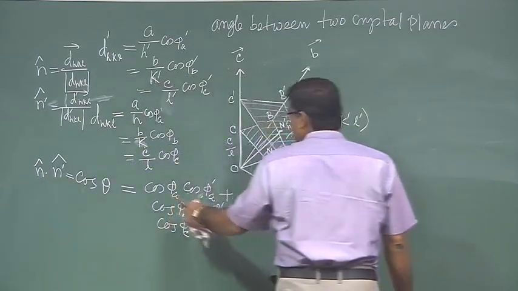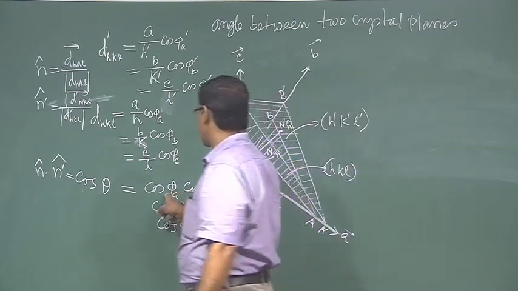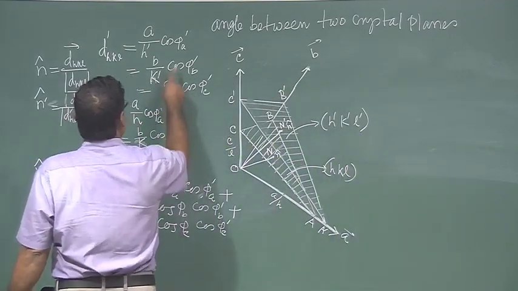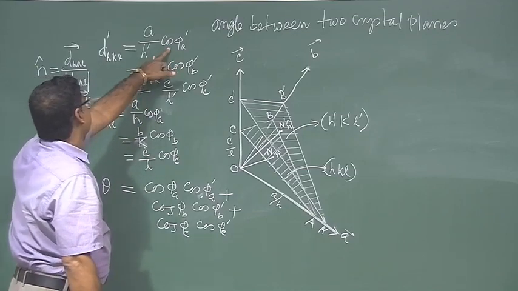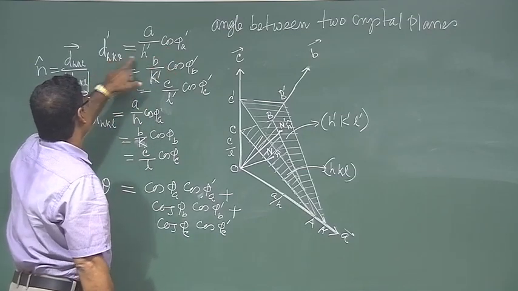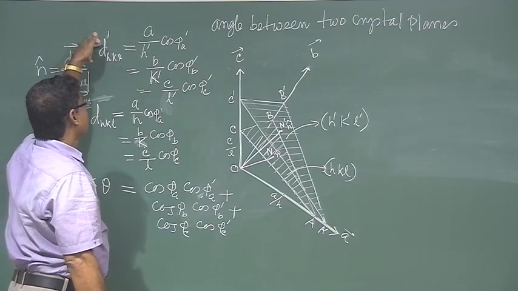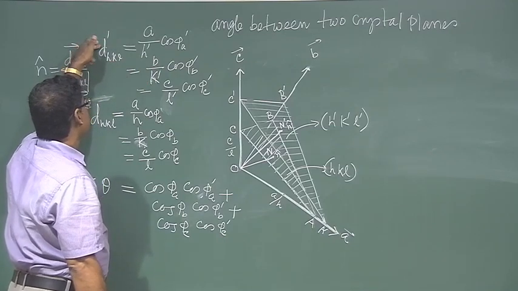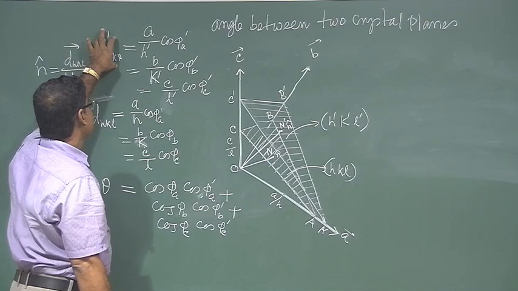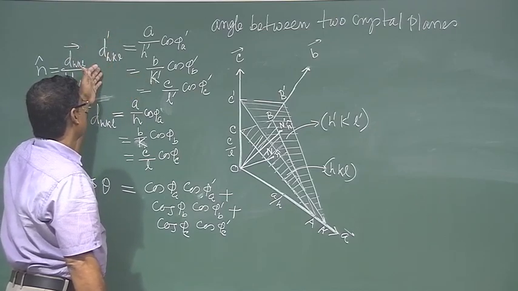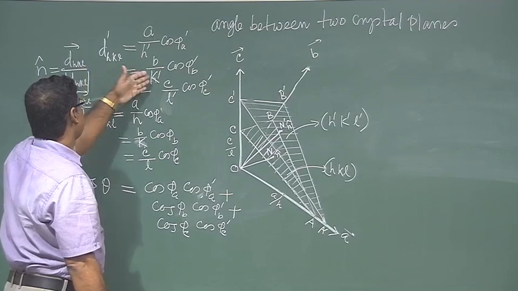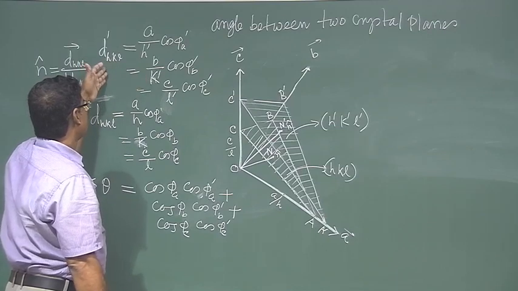So, from here if you just put in the cos phi values, in this case h by d by a, k by d by b.